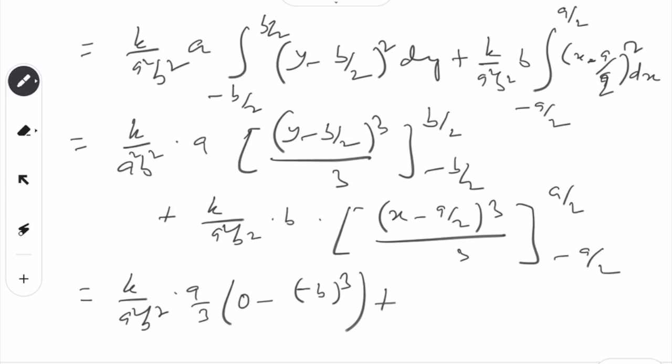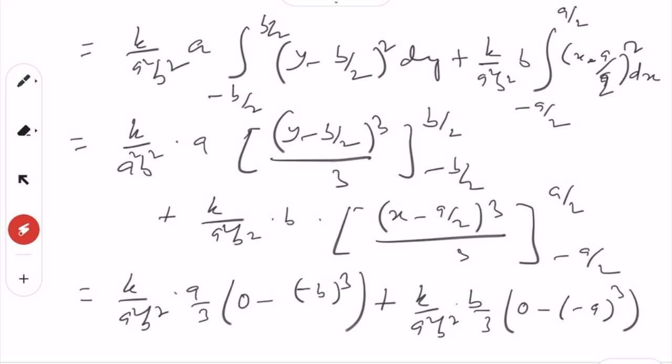Similarly, we have plus k over a square b square times b over 3, and similarly here also 0 minus minus a cube. Okay, so the value will be, we have 3 here, a times minus plus, we get minus plus ab, so k over ab, so the value becomes equal to k over ab simply.